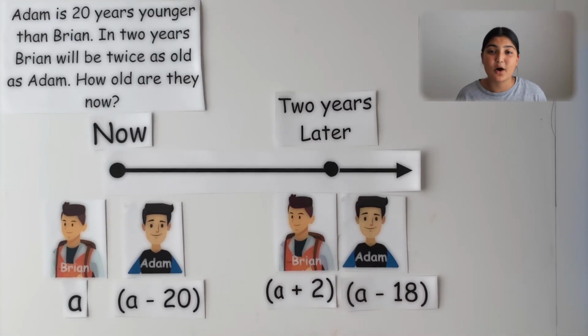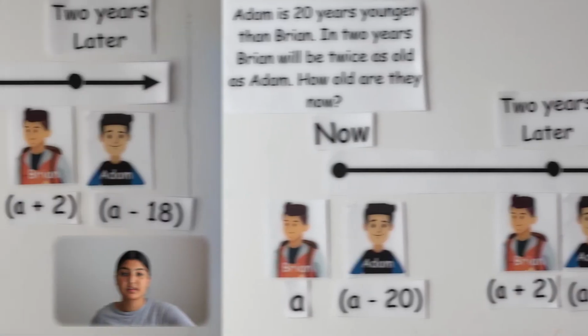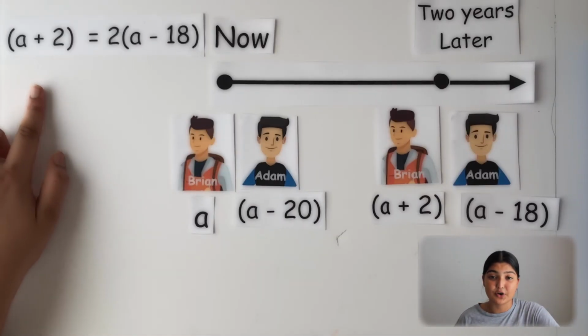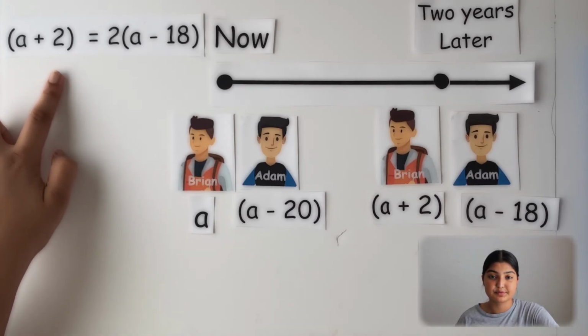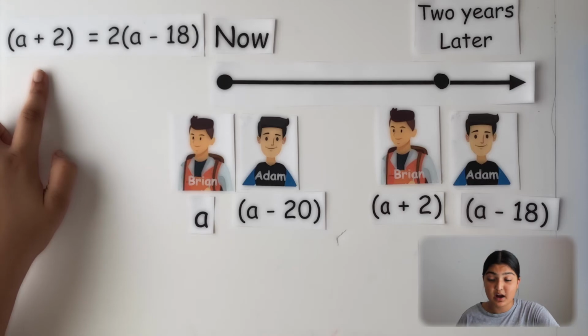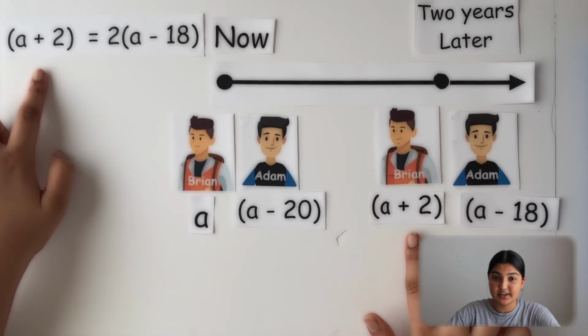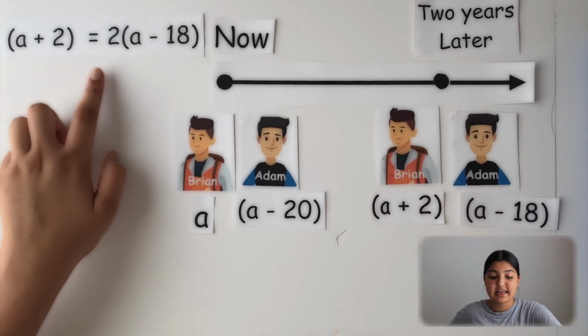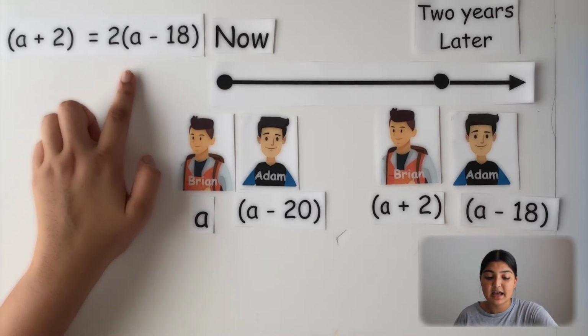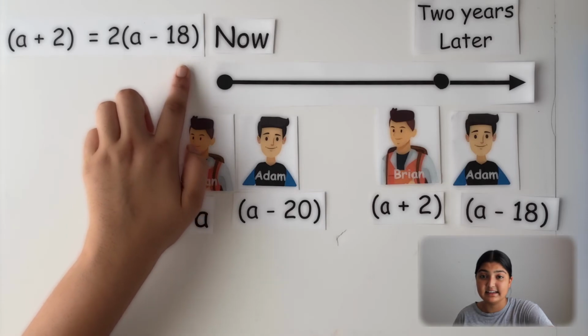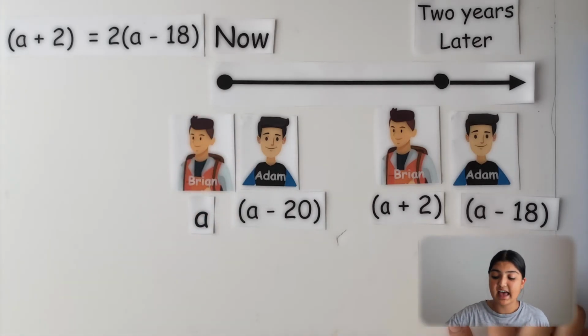So let's write out an equation. Here is our equation. A plus 2, which is Brian's age in 2 years, is equal to 2 times A minus 18, which is Adam's age in 2 years.